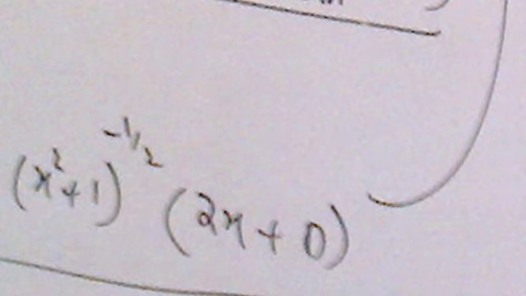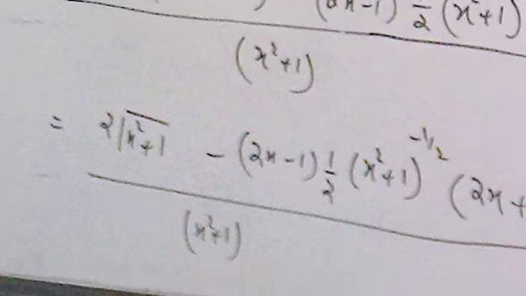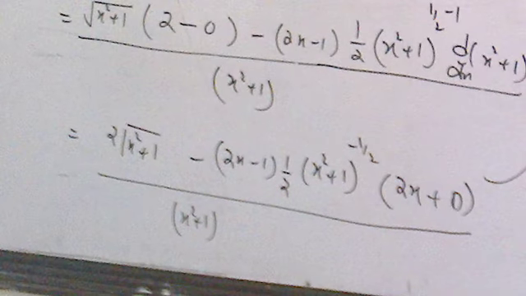2x plus 0, and this portion is the same. Now differentiation is complete. Now we simplify this value.